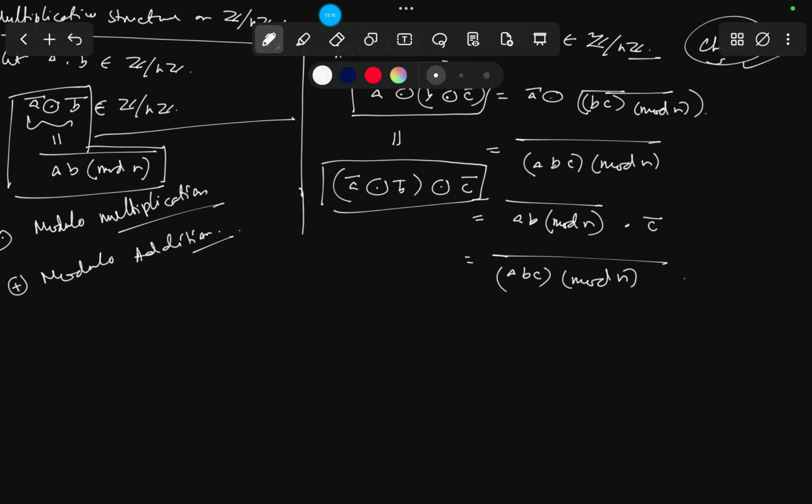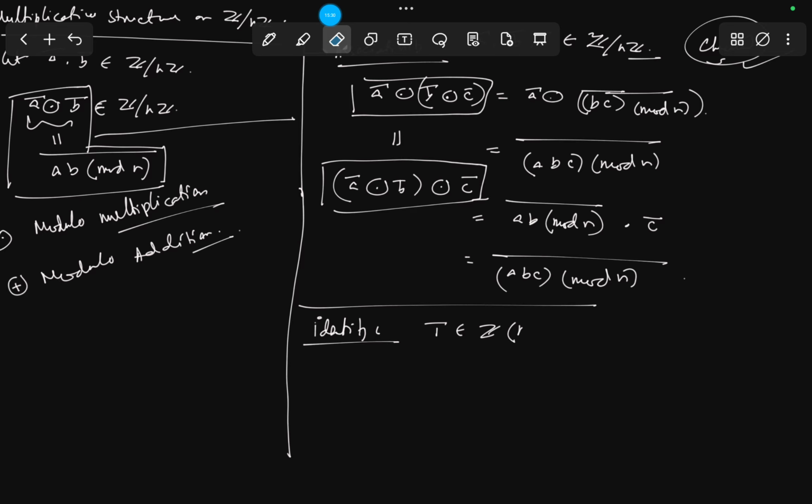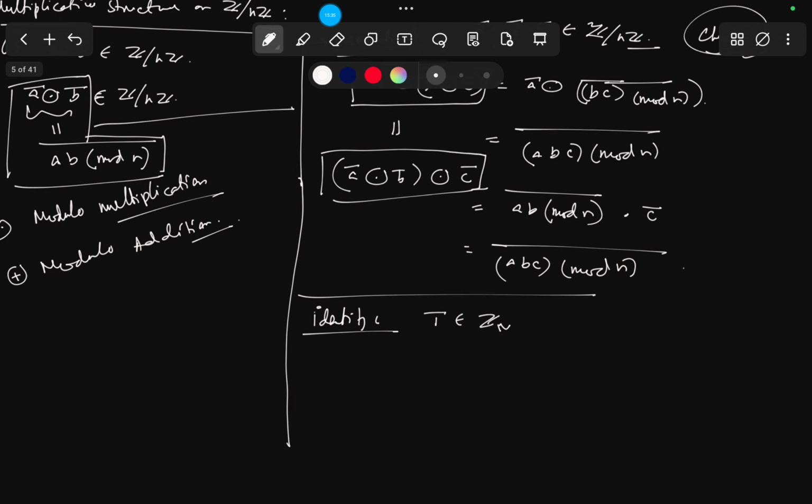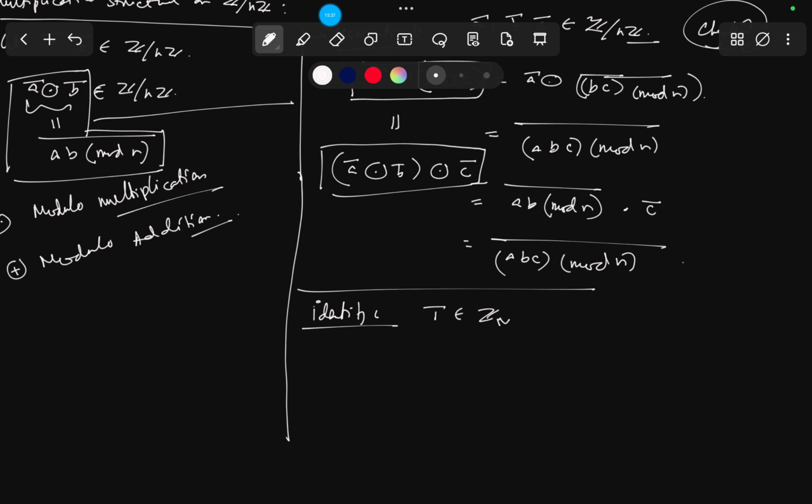Secondly, what about the identity? You can easily find that if you take 1 bar belonging to Z mod nZ, and then you take any a bar from Zn, then a bar modular multiplication to 1 bar is basically bar of a times 1 mod n.